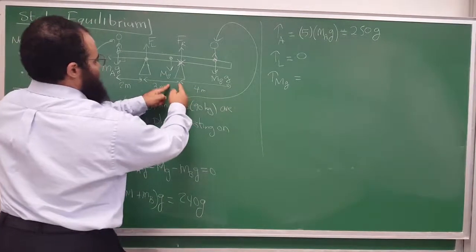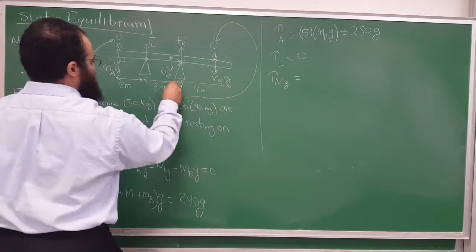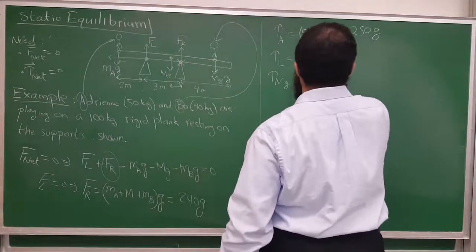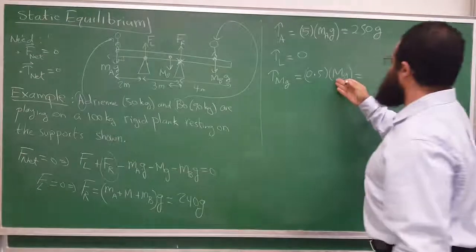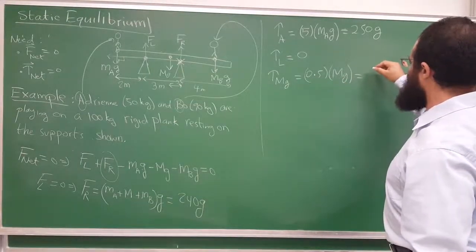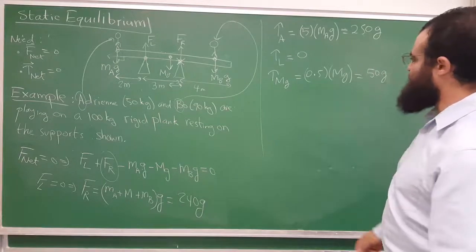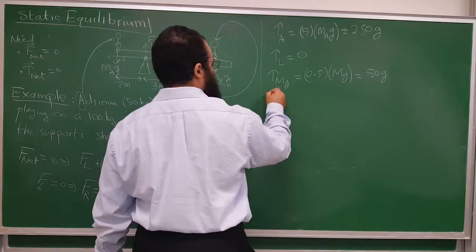If this is 4, and the distance from here to here is 4.5, so this distance is just half. So it will be 0.5 times mg. And m is 100 kilograms, so 0.5 times 100 is 50, so that's 50 g. Of course, the units are newton meters.